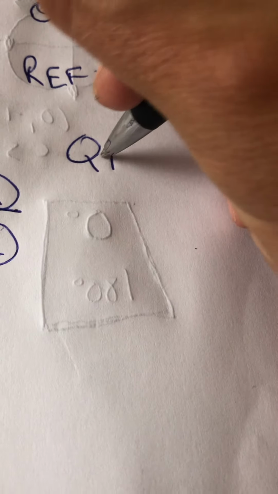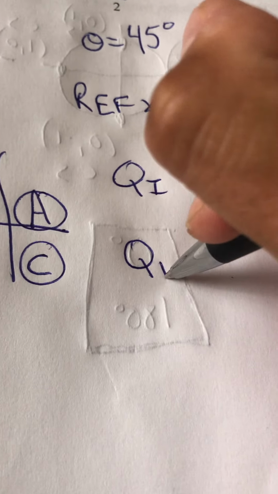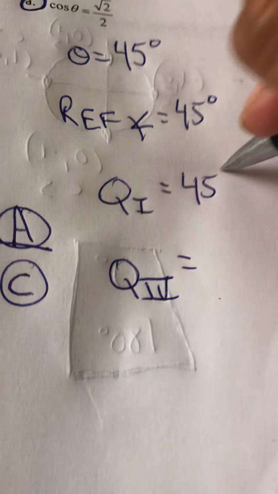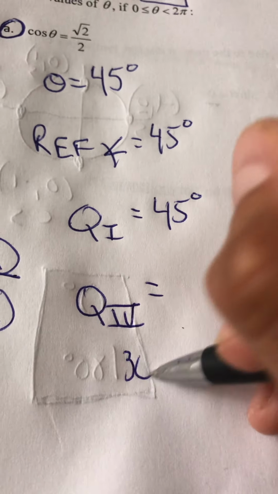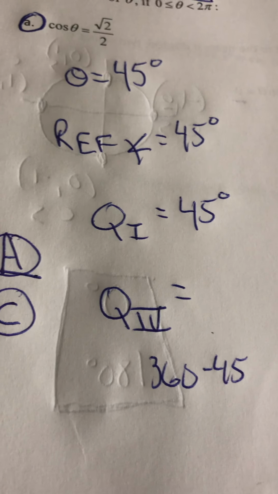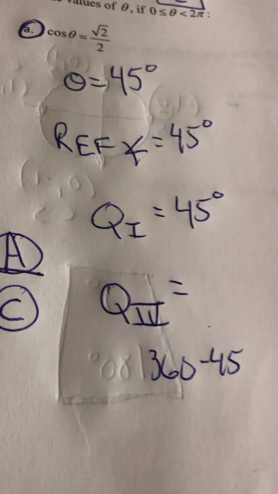So quadrant 1 and quadrant 4. In quadrant 1, we'll have 45 degrees. In quadrant 4, I will do 360 minus 45. Use your calculator to make sure you check your work. Let's get 315 degrees.